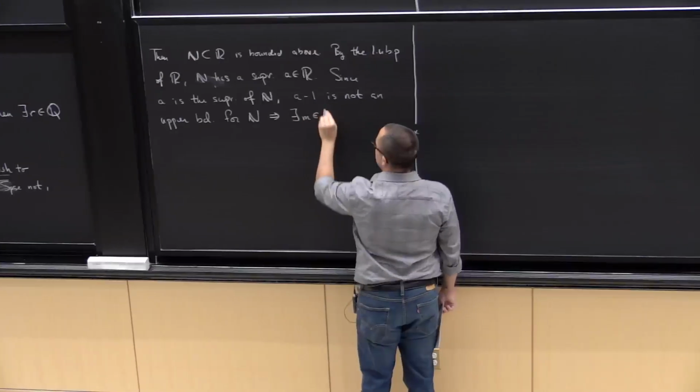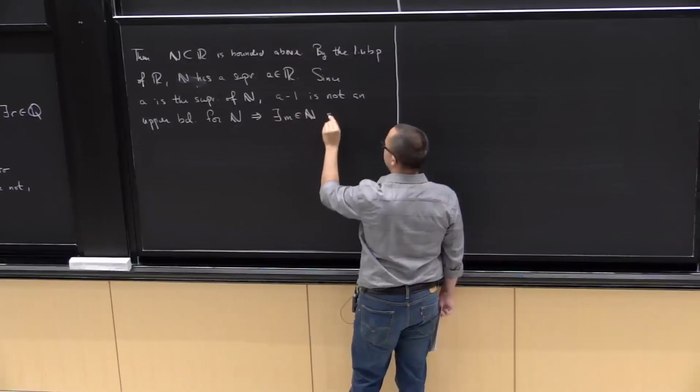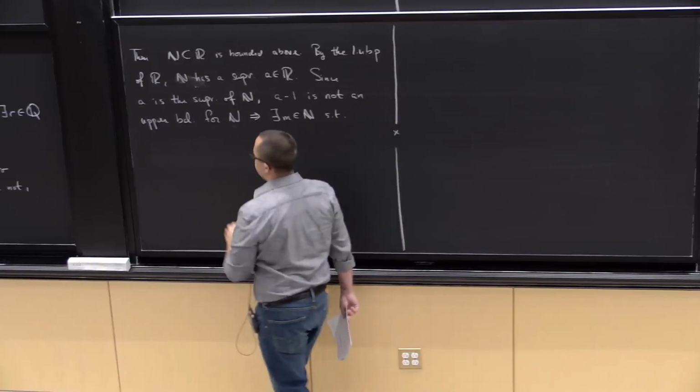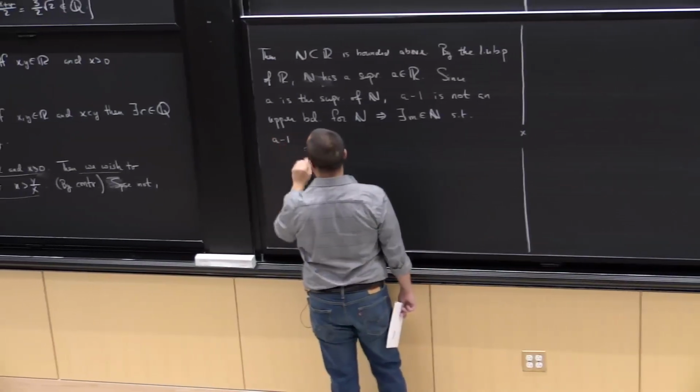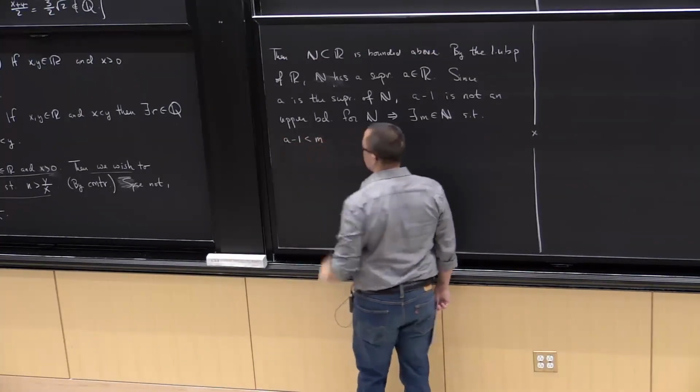There exists a natural number, call it m, such that A minus 1 is less than m.